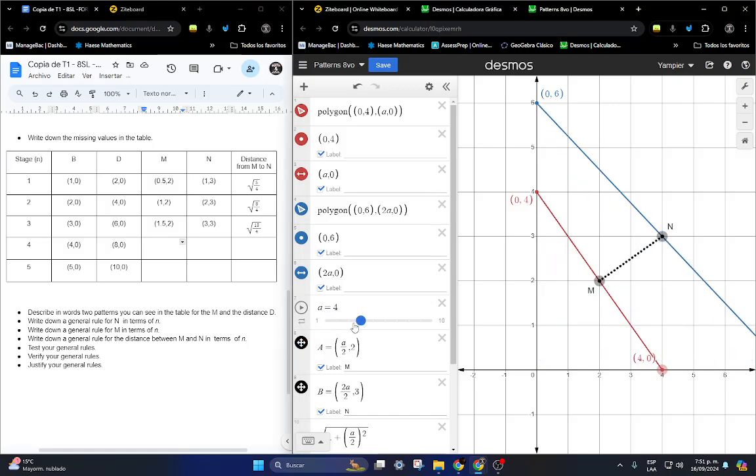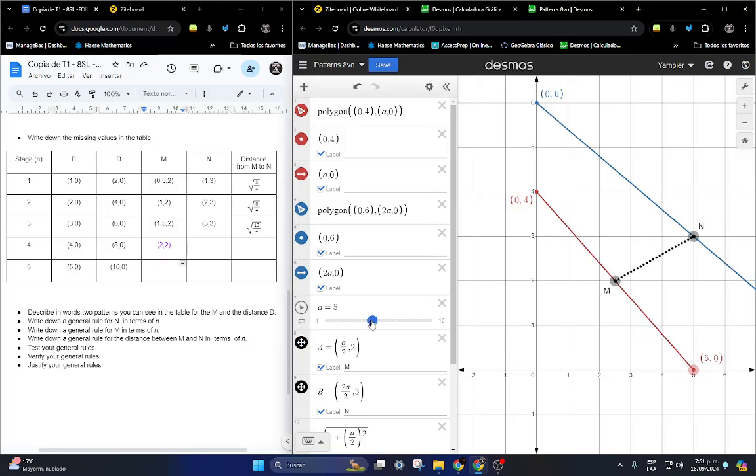Let's move to the fourth stage, and the midpoint M has coordinates of 2, 2. Okay, let's write them. 2, 2. What about the midpoint in stage 5? These coordinates are 2.5, 2.